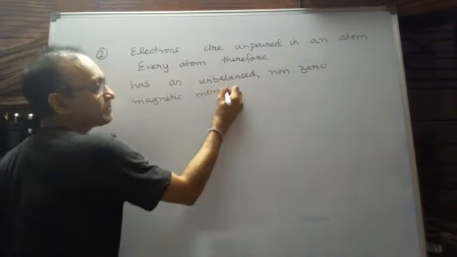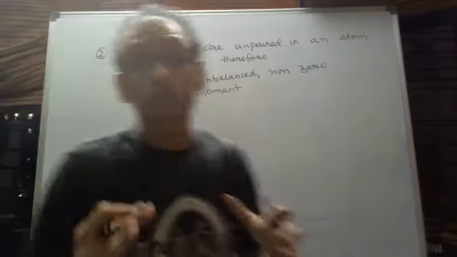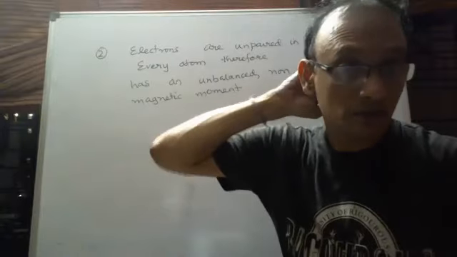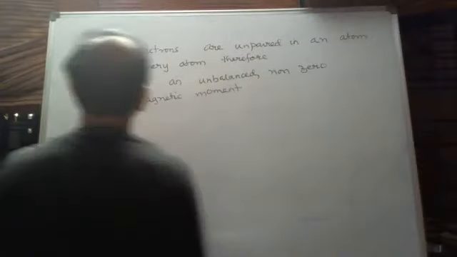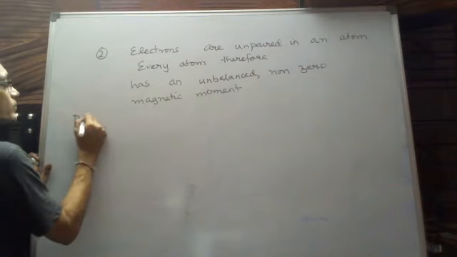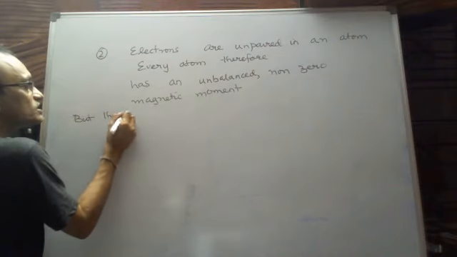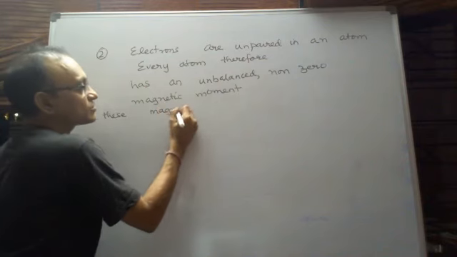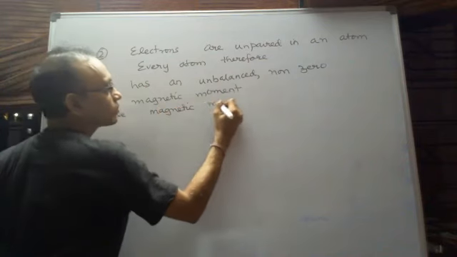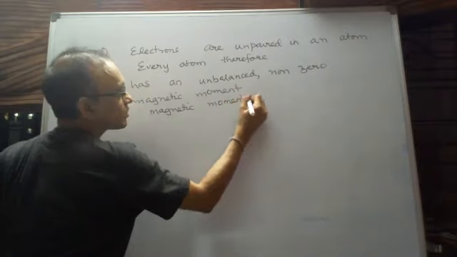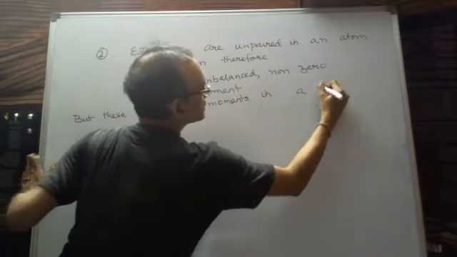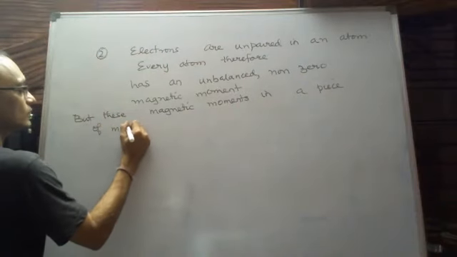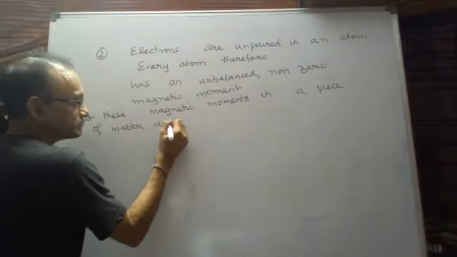Even before a field is applied, every atom will have a magnetic moment. But the point is, what happens is, but these magnetic moments in a piece of matter are random.